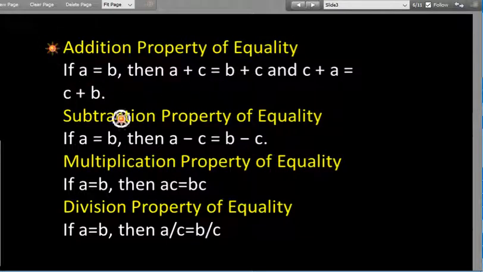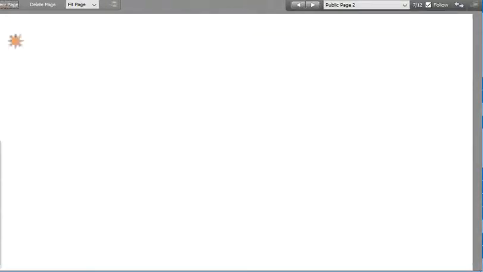So the addition property of equality says if A equals B, then A plus C equals B plus C, and C plus A equals C plus B. Okay, so this might seem a little bit confusing for you. So I'm going to go ahead and give us a new page, and I'm going to use numbers instead of variables.